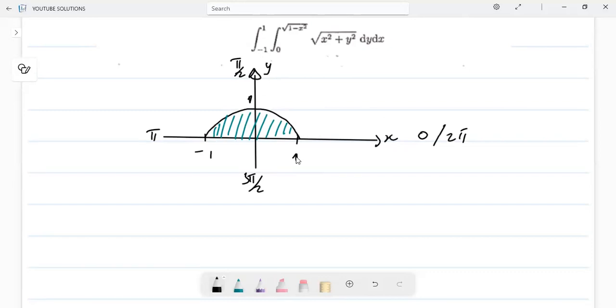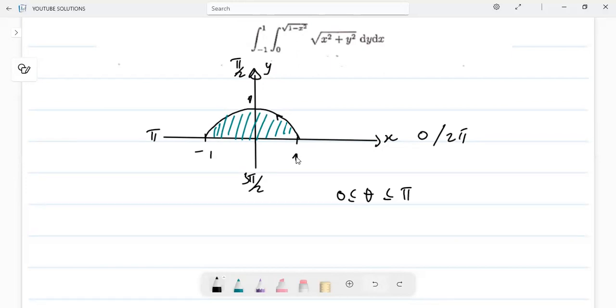For this circle, remember we measure counterclockwise, so from 0 degrees to 180 degrees. That's the region the circle is covering. So from 0 to pi, those will be the limits for theta. The radius is between 0 and 1, and a radius is always positive, so it can't have a negative value.